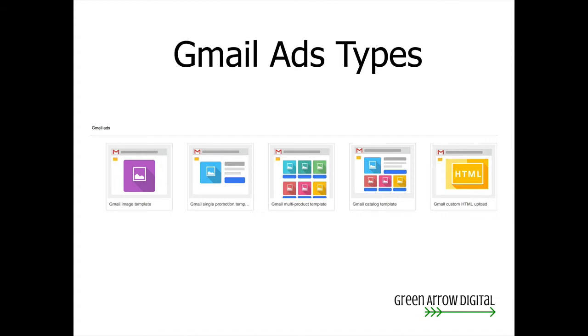Now, these are obviously when someone does click on the ad, that's what they're going to be looking at. So for example, your multi-product template is not going to be in the promotions tab of the email. It's only when they click on that particular email they're going to be faced with the multi-product carousel.